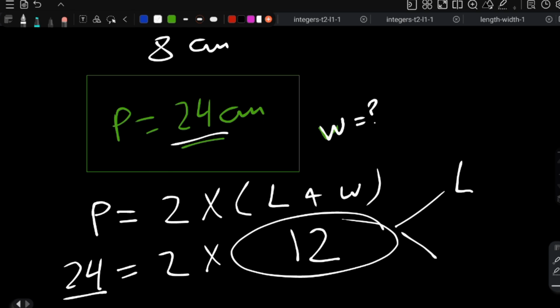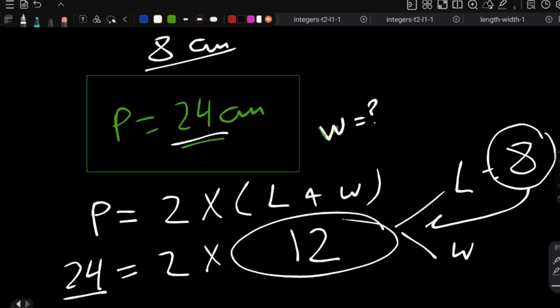I know that this is length and this is what? Width. The length is what? Yes, exactly 8. How many to make 12? We will count from 8 to 12 to know the missing. After 8, 9, 10, 11, 12. So the missing is what? Yes, exactly 4 centimeters. So the width will be 4 centimeters.